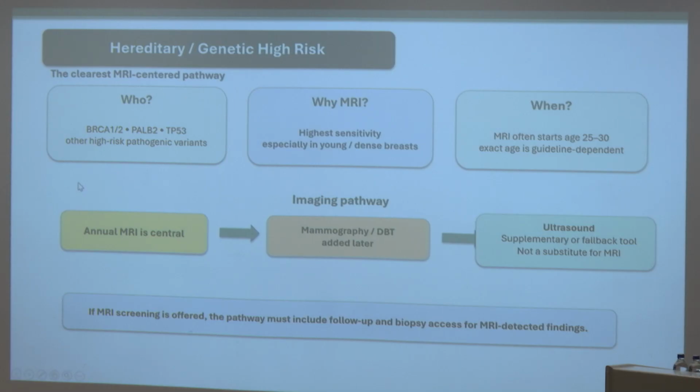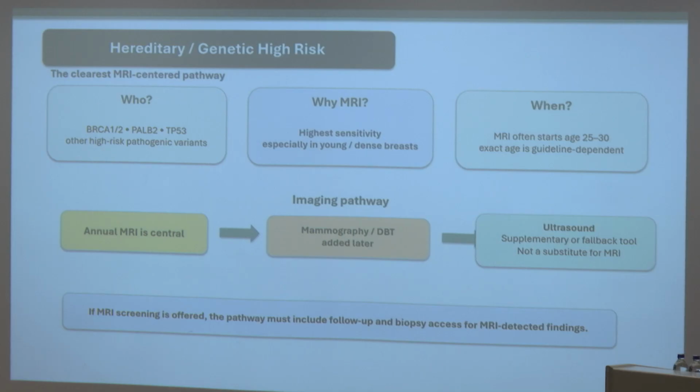I will not repeat again, we know all about the BRCA1, 2, all this. Why MRI? Because it has the highest sensitivity, especially in young, dense breast. And when? Often 25 to 30 years, the exact age is guideline dependent. When we do this annual MRI, it is the central imaging pathway with the mammography added later, and ultrasound is important but not to replace this.